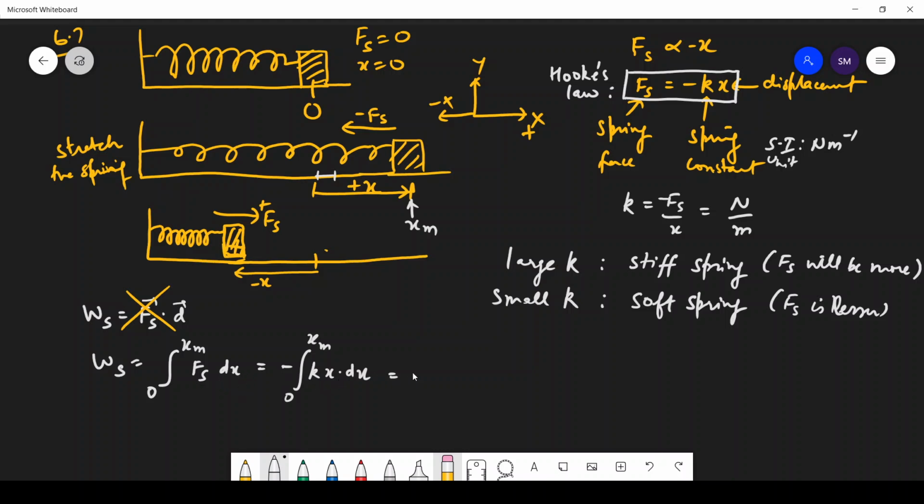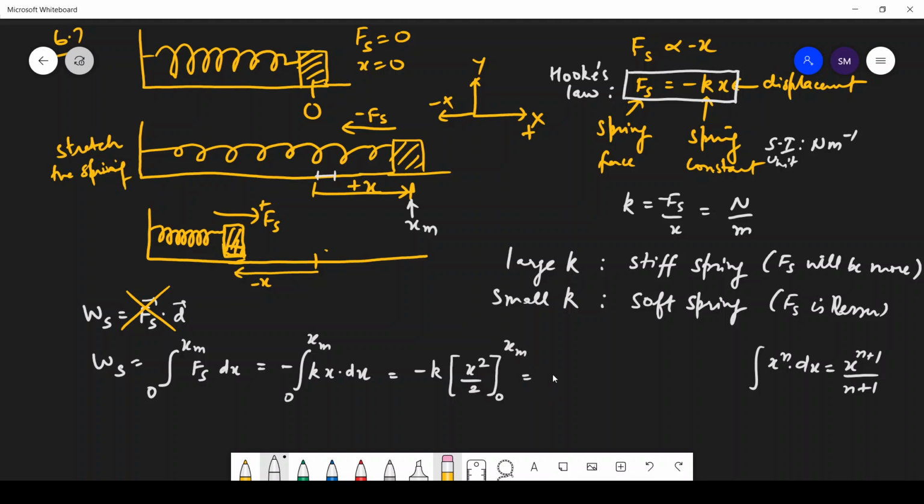Now that equals minus k, and what is x dx? We know the formula: integral of x raised to the power n into dx is x raised to the power n plus 1 divided by n plus 1. Here n is equal to 1, so 1 plus 1 is 2, divided by 2.